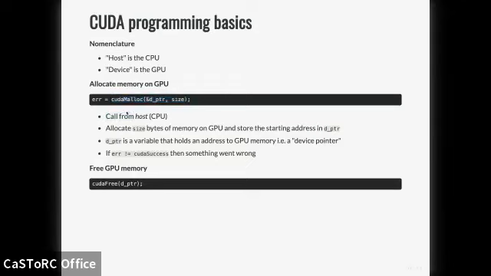It allocates size bytes of memory on the GPU and returns to you in this variable, which I called dptr, which stands for device pointer. This is a variable that holds the address to GPU memory, so it's no good on the CPU. You can check if this was successfully done by checking the return value of this function. To release that memory, you call CUDA free and pass the pointer.